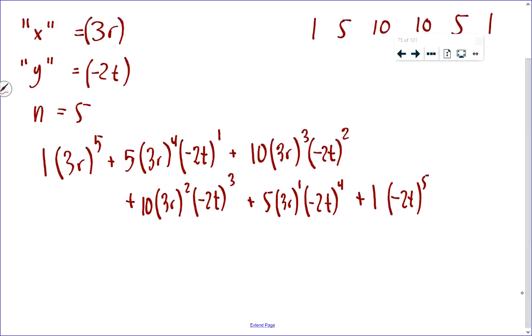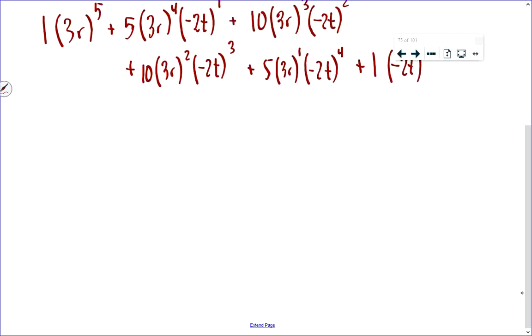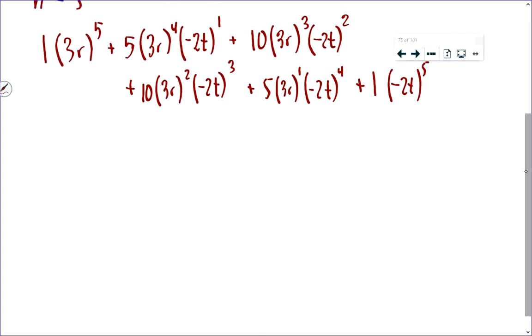But now things get a little more complicated, because the coefficient of my first term is not going to be 1. It's going to be 243, because 3r raised to the 5 is 3 to the 5 times r to the 5.